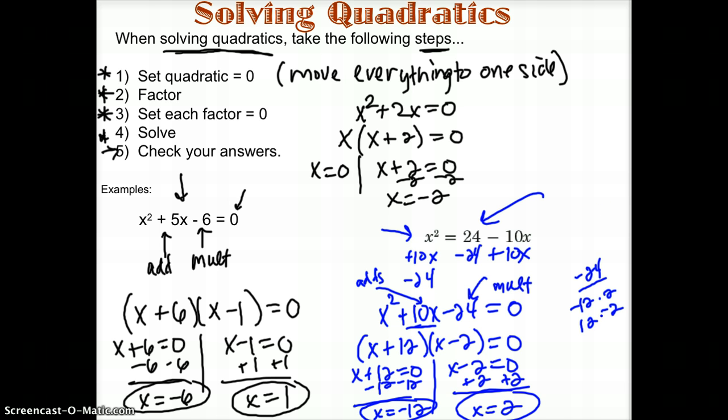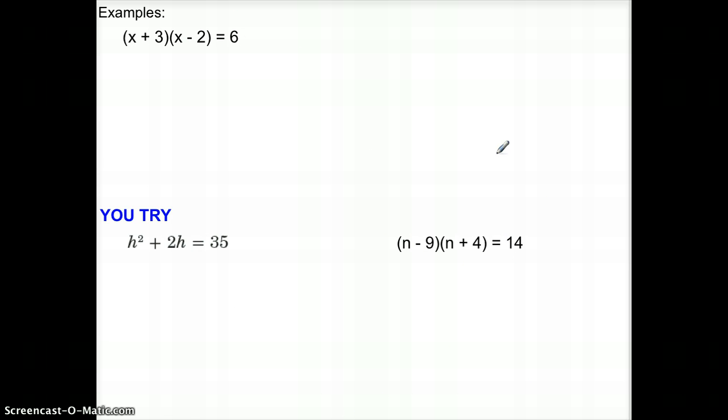Okay, this is class 5, solving quadratics. That's all we do. Alright, so let's do one more example together. This one right here, you have this x plus 3 times x minus 2. You need to do that out first, because what we're going to do when you set it equal to 0, you minus the 6. So you have x plus 3 times x minus 2 minus 6 equals 0.